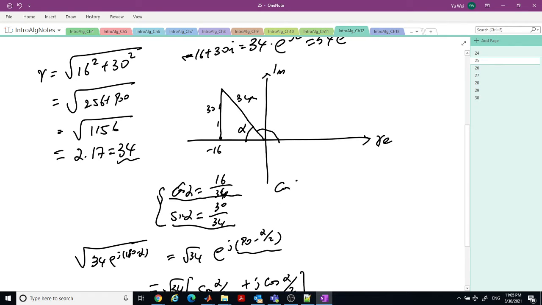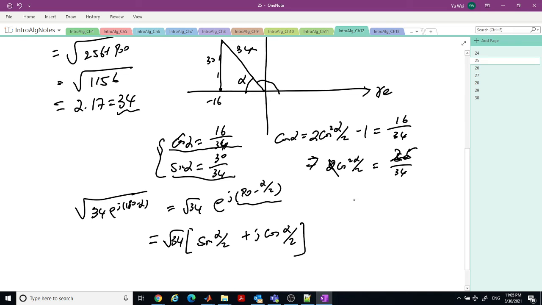So we know the cosine alpha equals 2 cosine squared of alpha over 2 minus 1, which is 16 over 34. So now we can get 2 cosine squared alpha over 2 is equal to 50 over 34. Now let's do this, it is 25 over 34.